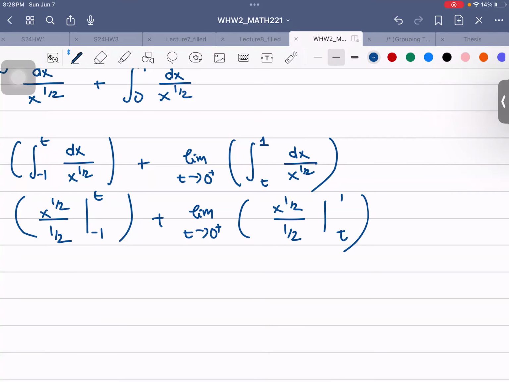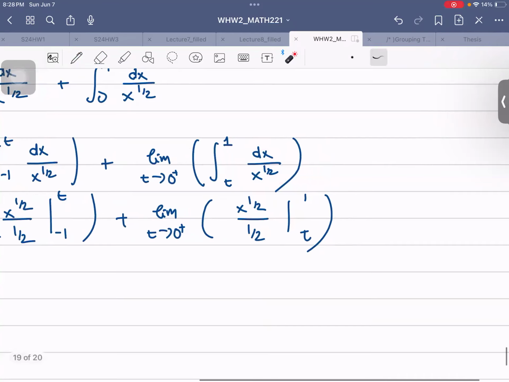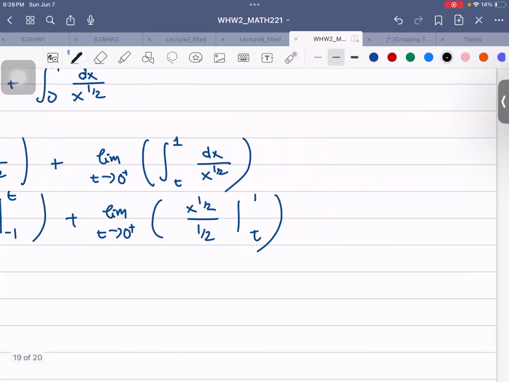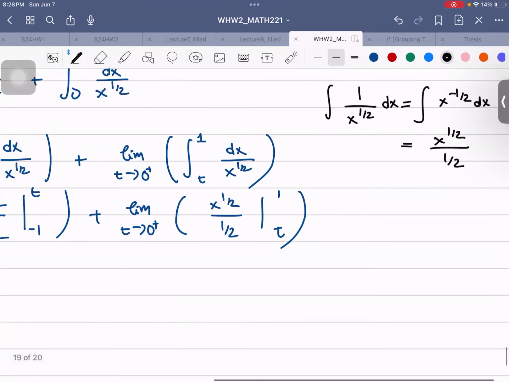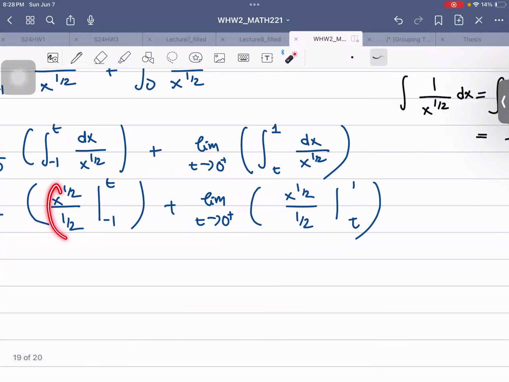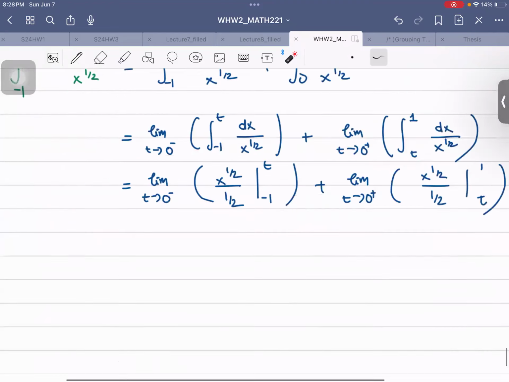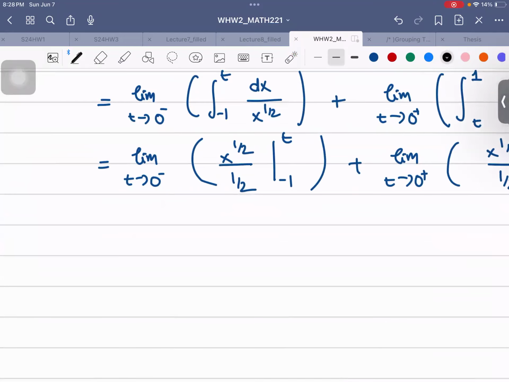Over here, I just do a simple trick to find the integration. I want to find the integration of 1 over x to the power of 1 half dx. So I simply rewrite it as x to the power of negative 1 half dx. Then we use the power rule. We add 1 to the power, so we have x to the power of 1 half, and we divide by the new power. Now you plug in the bounds.